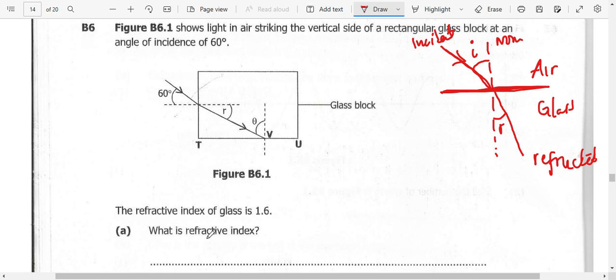So, what is the refractive index? The refractive index is 1.6. Now, the question is, what is the refractive index? I can give you the formula, and then from there you can explain what it is.